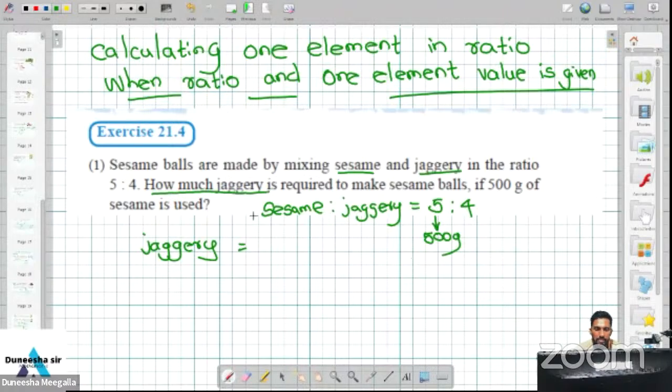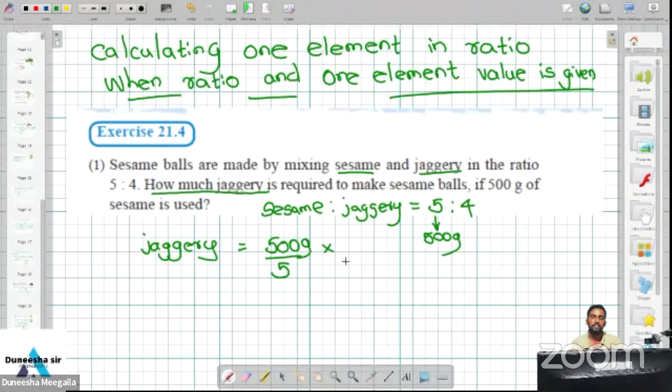Then first we divide 500 by which number? 5. Then asking jaggery.